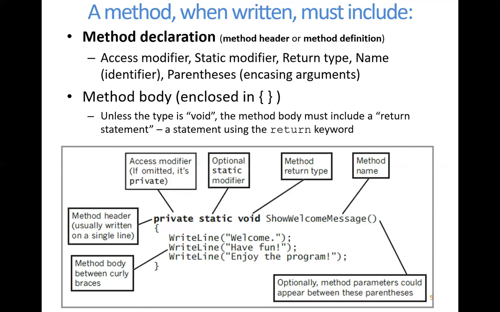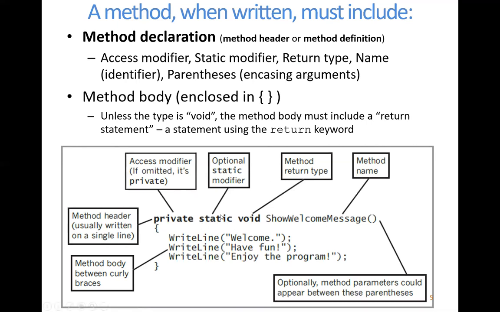So it's a lot of stuff to process. We're going to go over each of the 5 individually. There is an access modifier, either public or private. And if you omit the words public and private, then C# just assumes that it's private. There are some other options like protected. You'll see a list of them in the textbook. At this point in time, you only need to understand public and private.